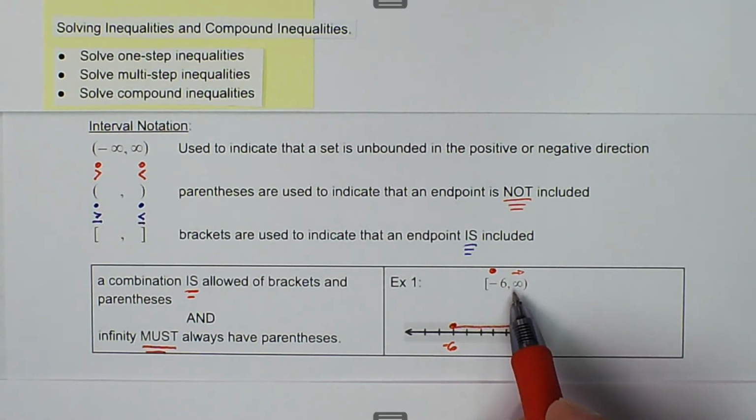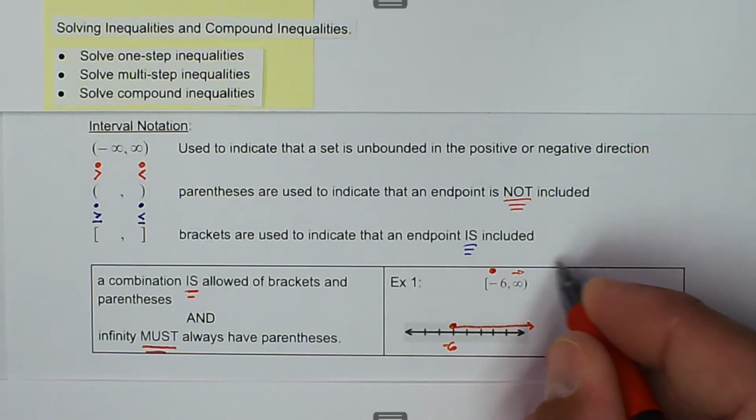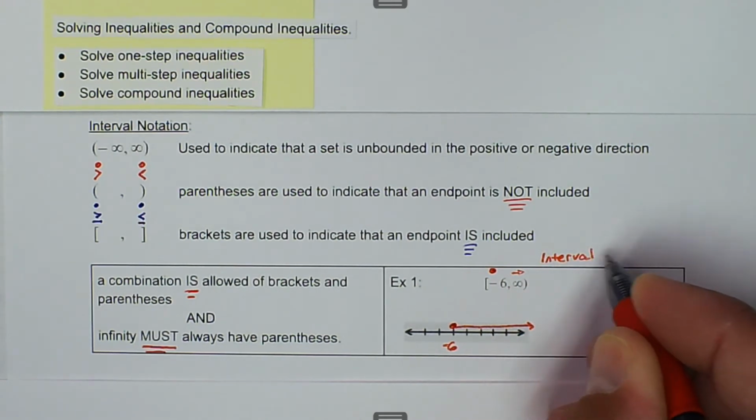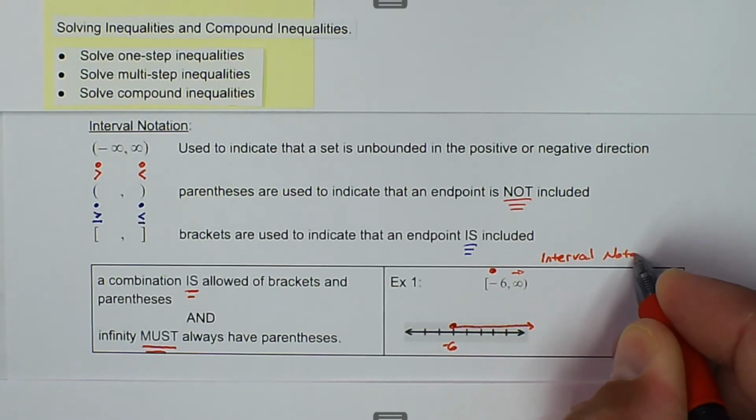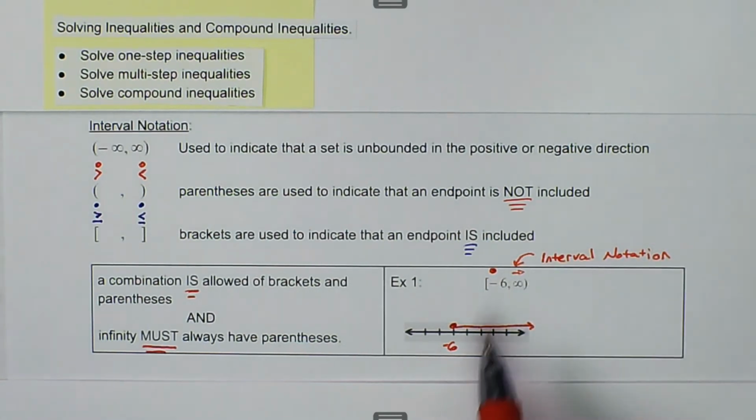So this would be an example of interval notation: two numbers, and then the bounds are represented by the bracket or the parenthesis.